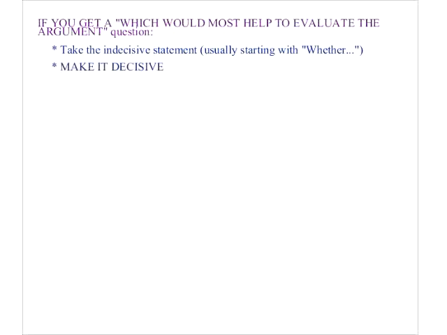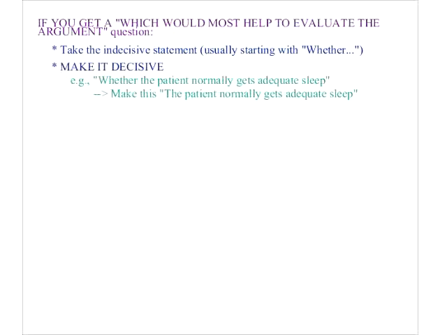So, for example, if you had whether the patient normally gets adequate sleep, just make this: the patient normally gets adequate sleep. Or make it: the patient doesn't normally get adequate sleep.